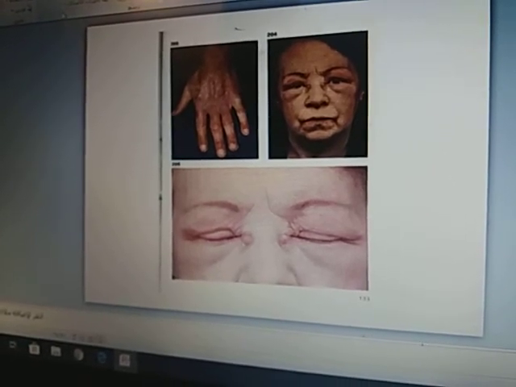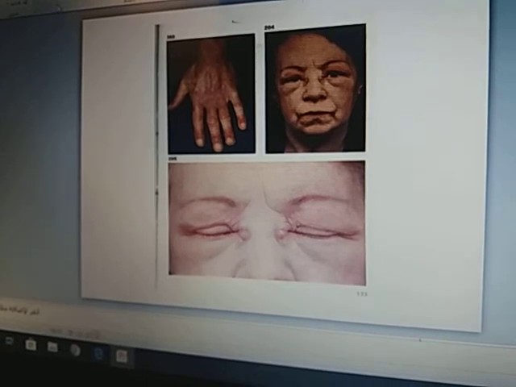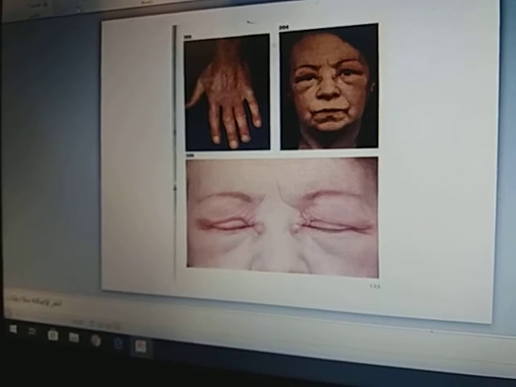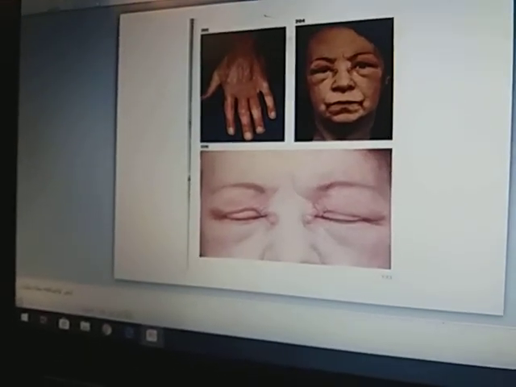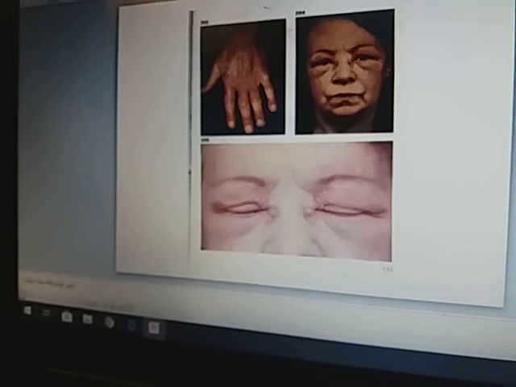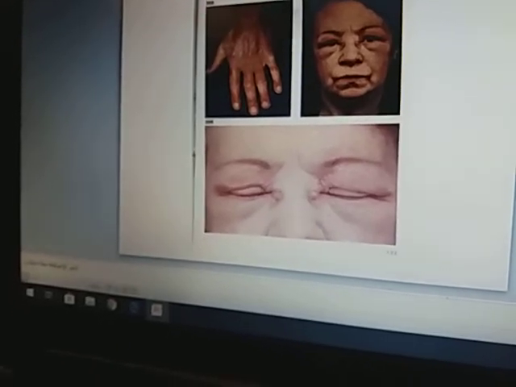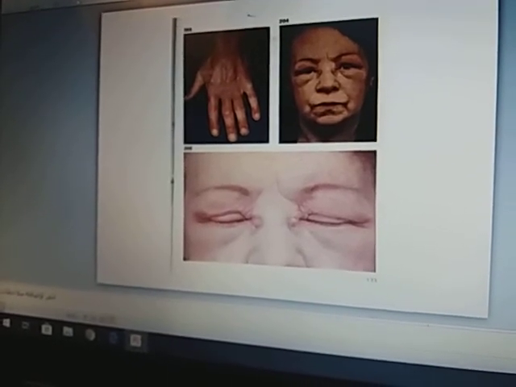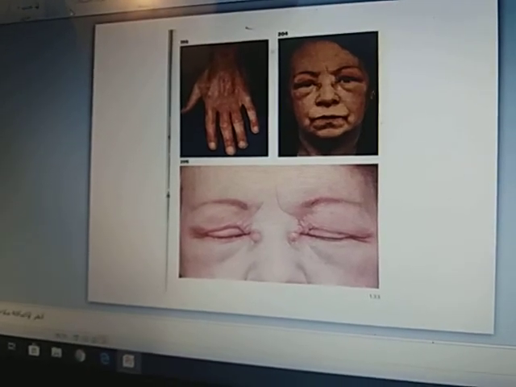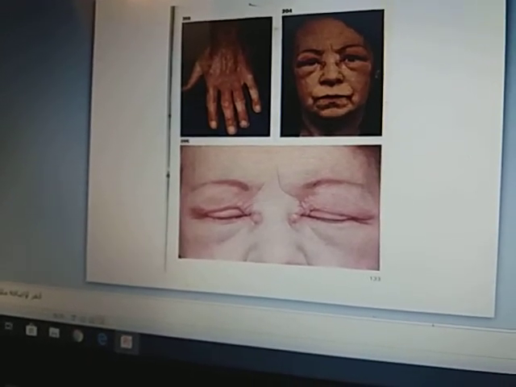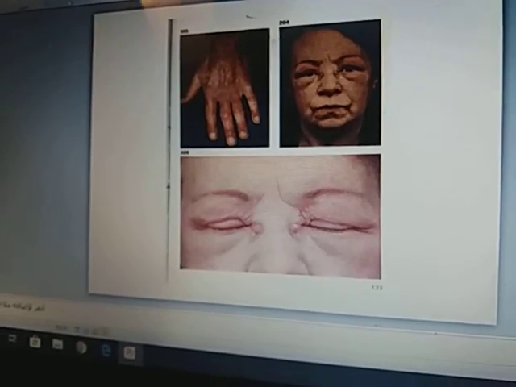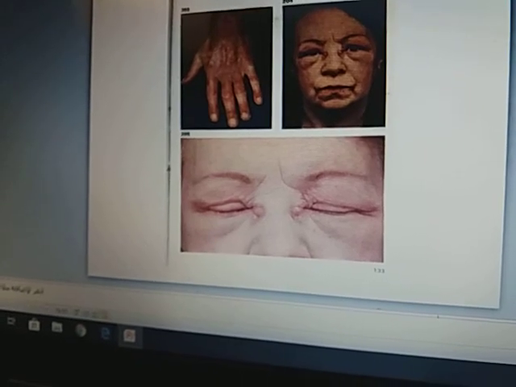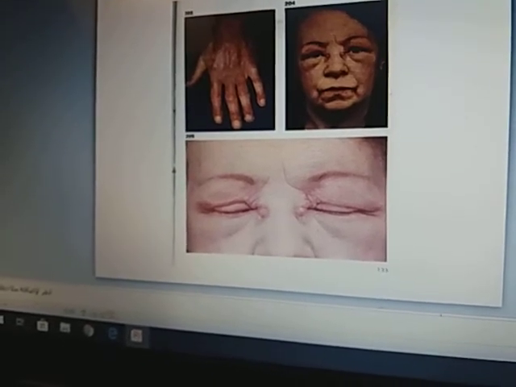There will be a heliotrope violaceous discoloration of the eyelid with periorbital edema. Similar rash in a shawl distribution in the upper back, chest and shoulders. This area is called the shawl region, shawl distribution. So we have a shawl distribution skin lesion, violaceous discoloration.